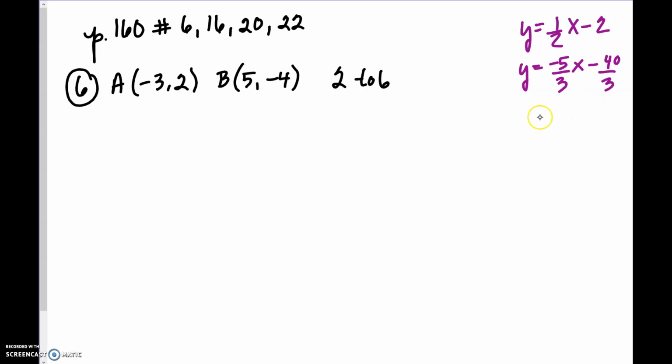And the last answer is about 8.5. So again, number 6 was point P is at -1, 0.5. If you got all 4 of those correct, then you can stop watching the video.